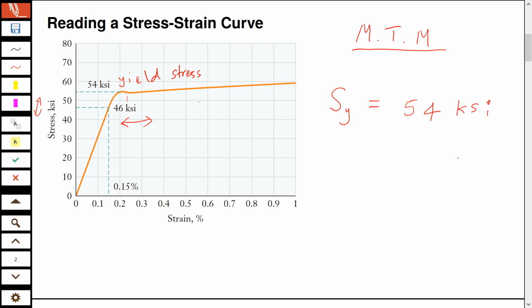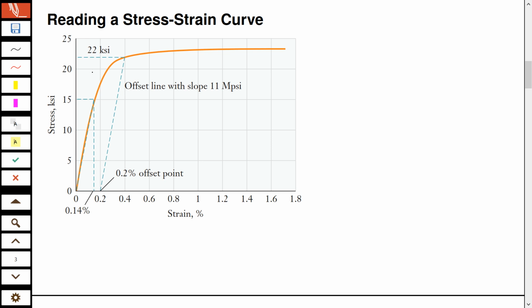KSI means kilopounds per square inch. But are you hearing me? Yes sir. Yeah, because this was a very straightforward question, so I expected somebody to answer that. Now the next example will show you that it's not so straightforward. Although you see the value, because it has been labeled, you don't know how we got that value.